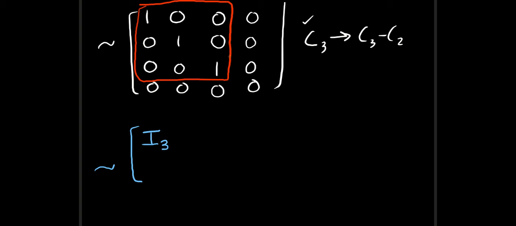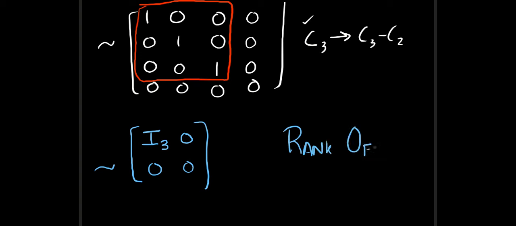So I'll write I3, and I'll put a few zeros to show that all the other members are zeros. And now I'll write rank of, I gave my matrix a name in the beginning, is equal to 3. That's it. That's it, my friends.